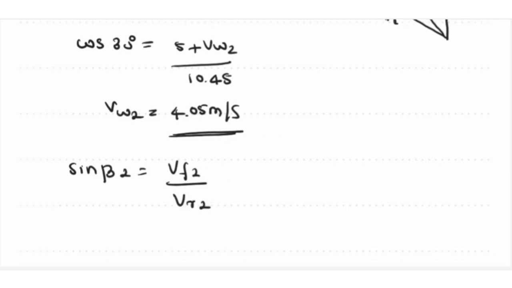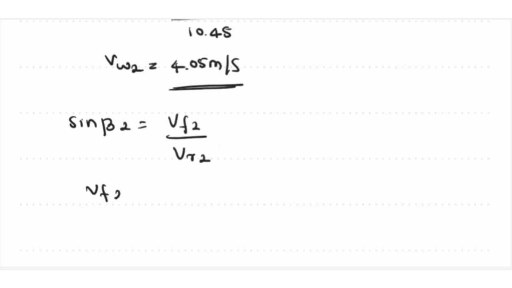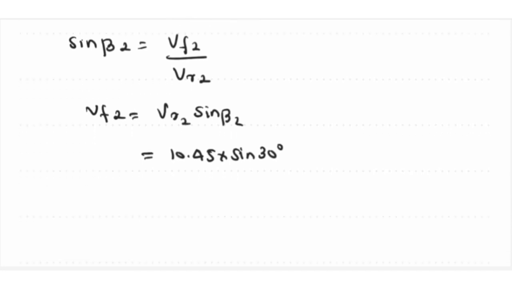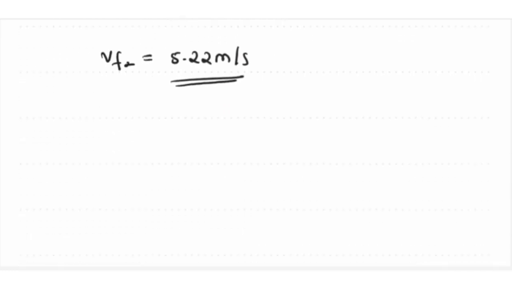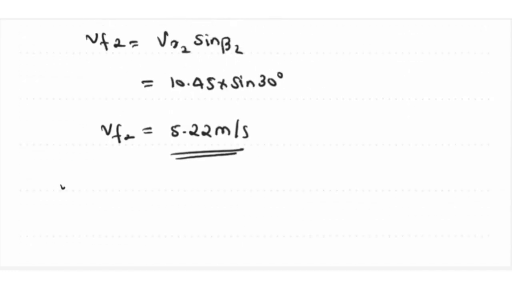So vf2 is equal to vr2 sine of beta 2. vr2 we have calculated, and we got 10.45 into sine of 30 degree. So you'll get vf2 is equal to 5.22 meter per second.